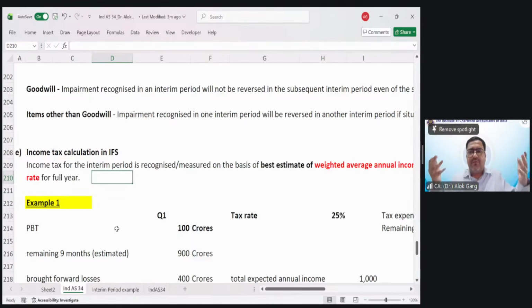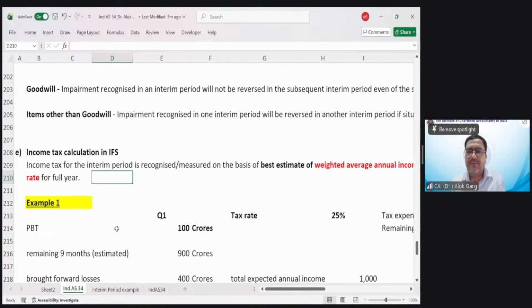So don't you think that in the first quarter you earned 100 crore and made a provision for tax of 0? In the next quarter, again 100, 100, 100. I am assuming every quarter you will earn 100 crores. So when you earn 100 crore, you will create a provision of 30 crore, assuming the tax rate is 30%. So will these numbers be comparable?